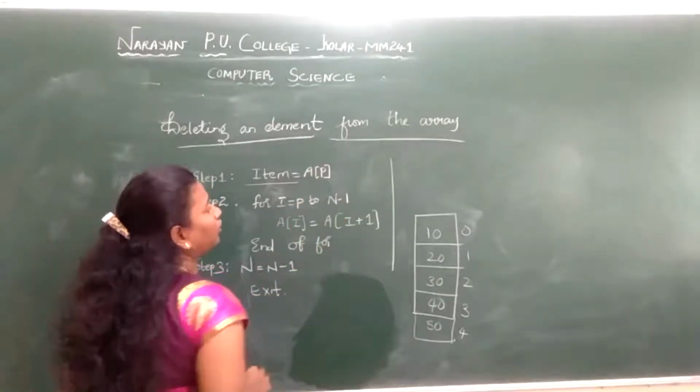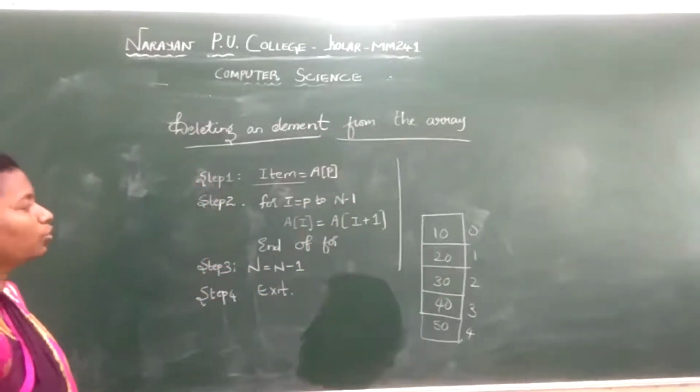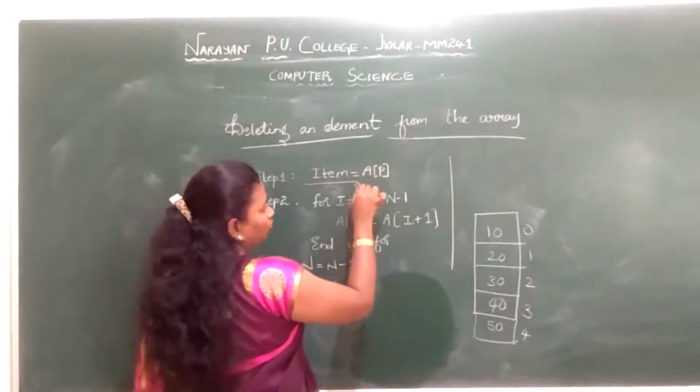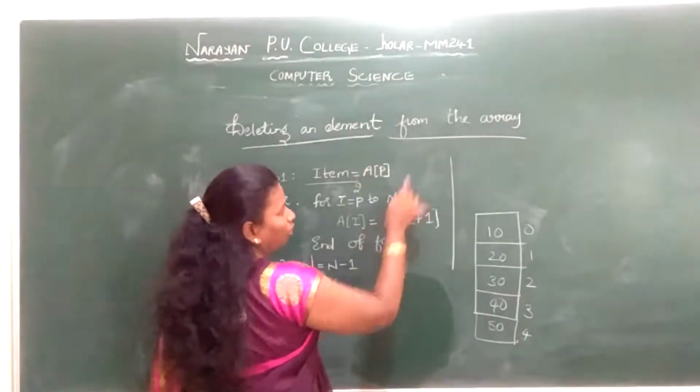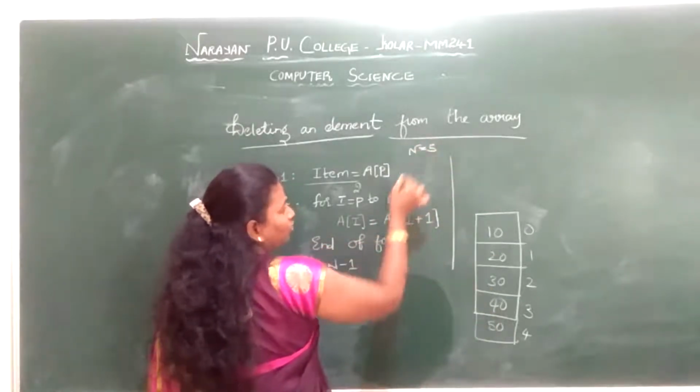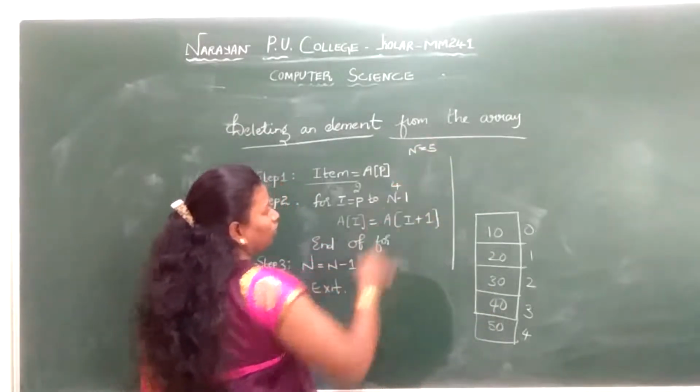P is nothing but your position, so you have to mention the position. Imagine I mentioned the position is 2, so the I value is 2. What is your n? Your n is the size of the array, which is 5. So n minus 1 is 4.